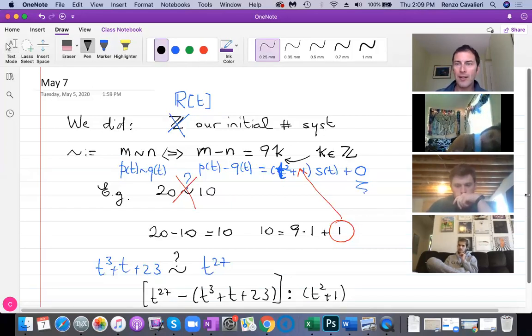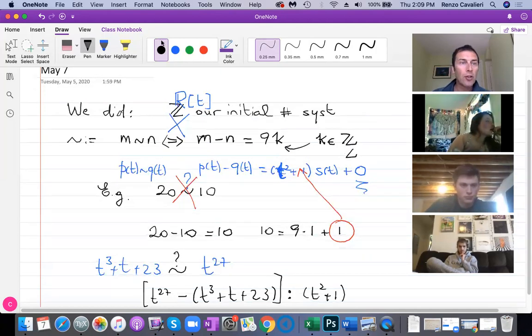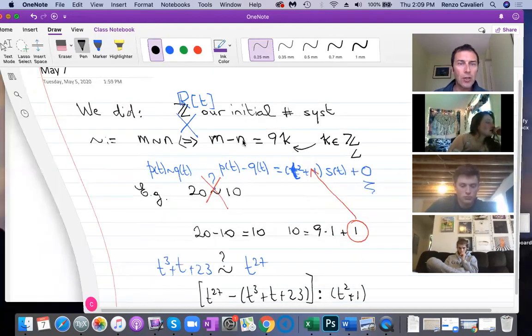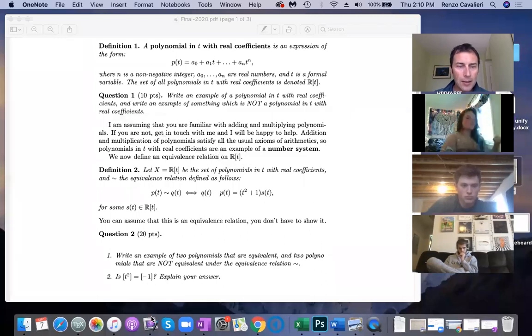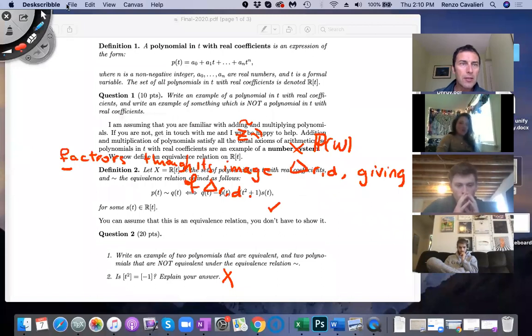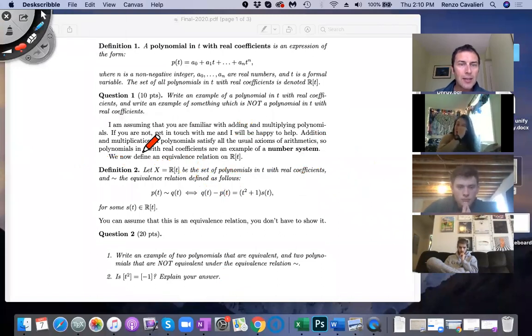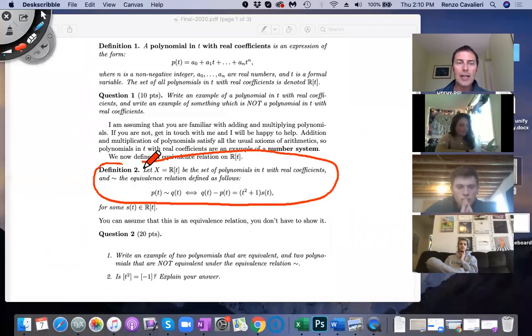And okay, we only have to find definitions here. We don't have to prove, right? Right. So the definition is given to you right here. Let me see, oops, let me wipe this. But this is the definition, right? So when you want an example of two polynomials that are equivalent, you want two polynomials that make this statement true.